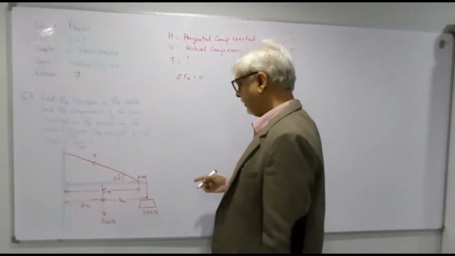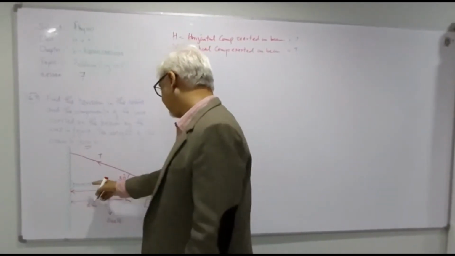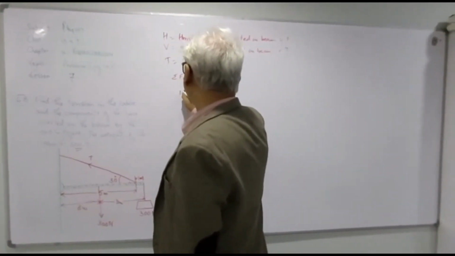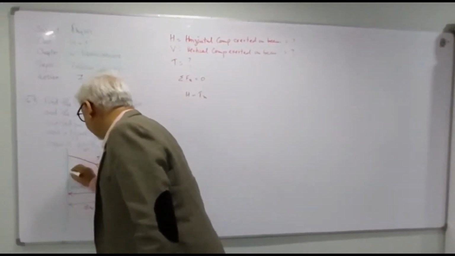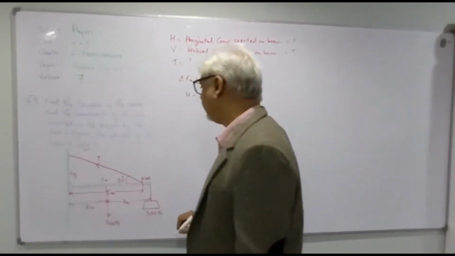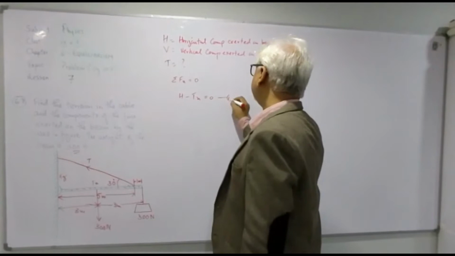So over here, horizontal H minus Tx equals 0. We call this Tx, and from here to here is Ty. This is the first equation.